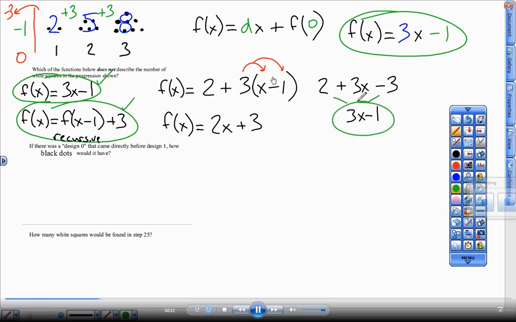So that one is equivalent. Doesn't look the same, but it is. These two are exactly equal. These two are equivalent, but they're still equal. This one right here is no good because it's got a different number in front of x right away than 3. It's got a different y-intercept number right away. That one is the only bad one of the bunch.